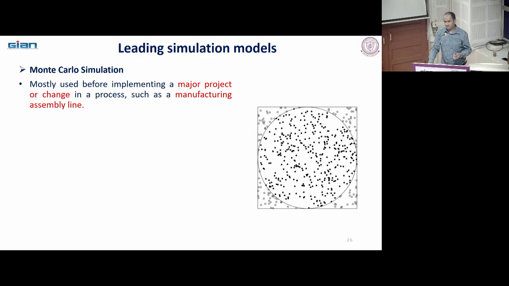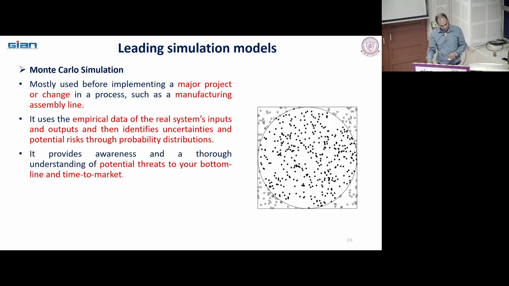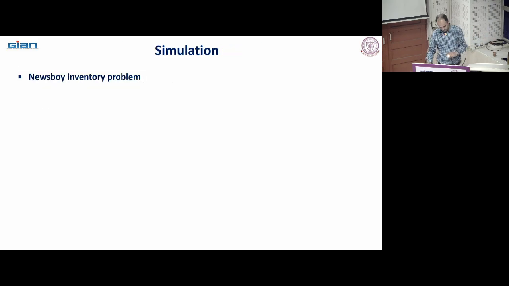Basically it uses random numbers, and on that basis it provides some information about the unexpected events that may occur in the supply chain. Empirical data is needed, input and output, and then it identifies the uncertainties, given that you have sufficient historical data available.